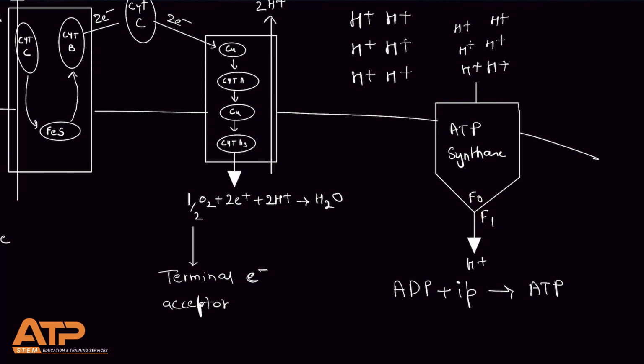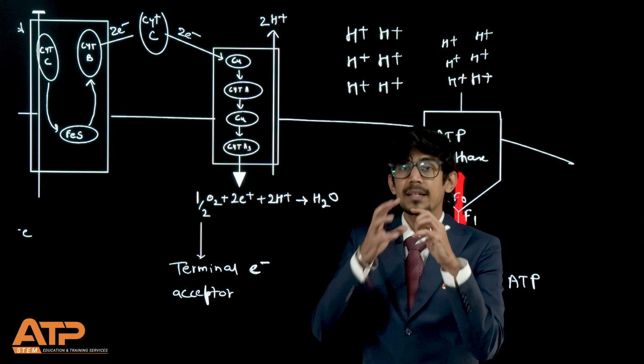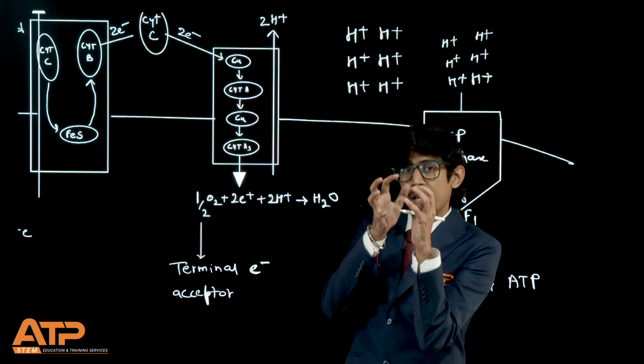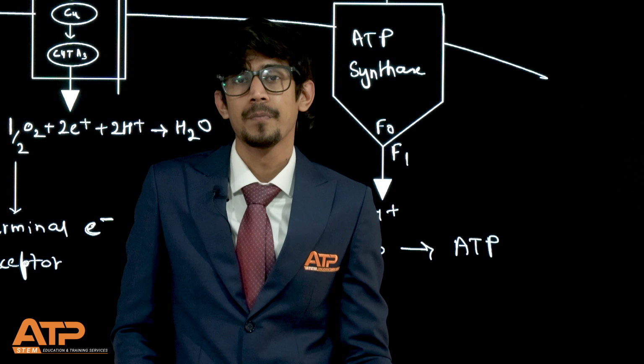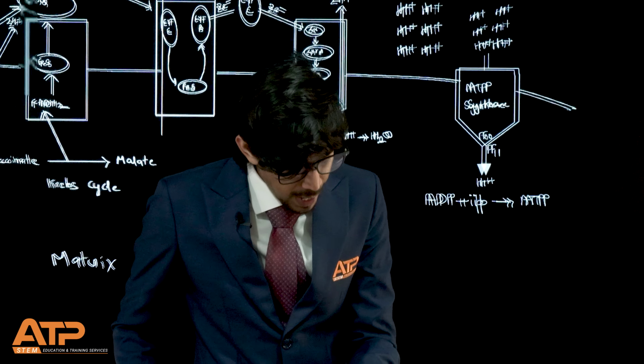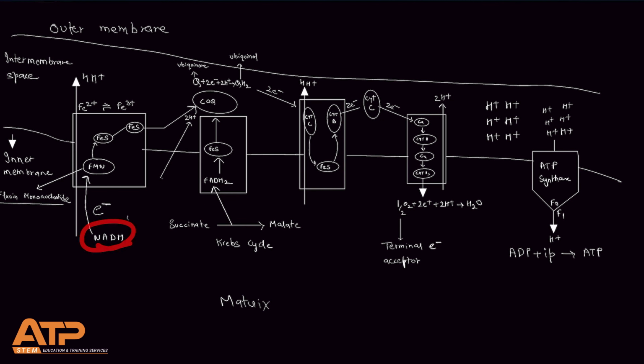And here, when the hydrogen ions move through this, then F1 has conformational changes. These conformational changes have enough energy to add inorganic phosphate to ADP and form what? ATP.